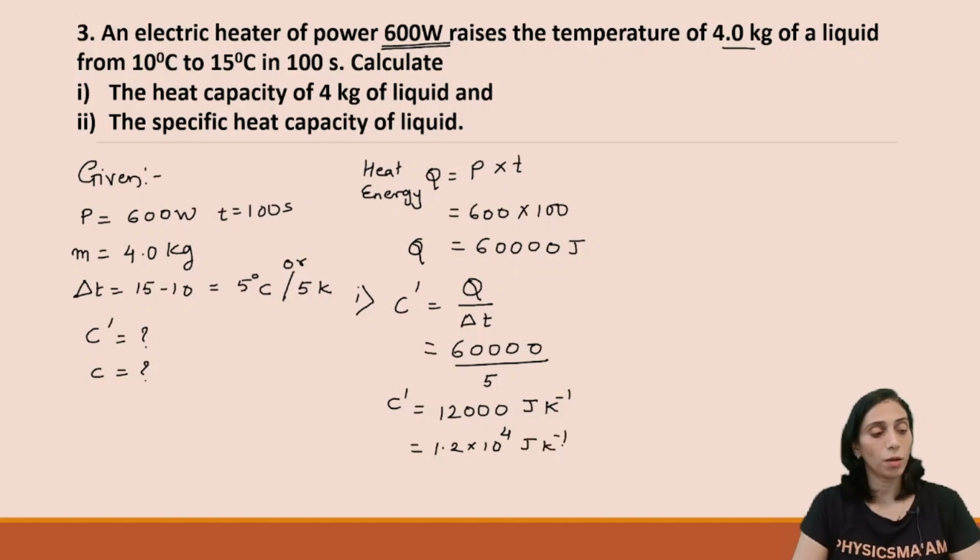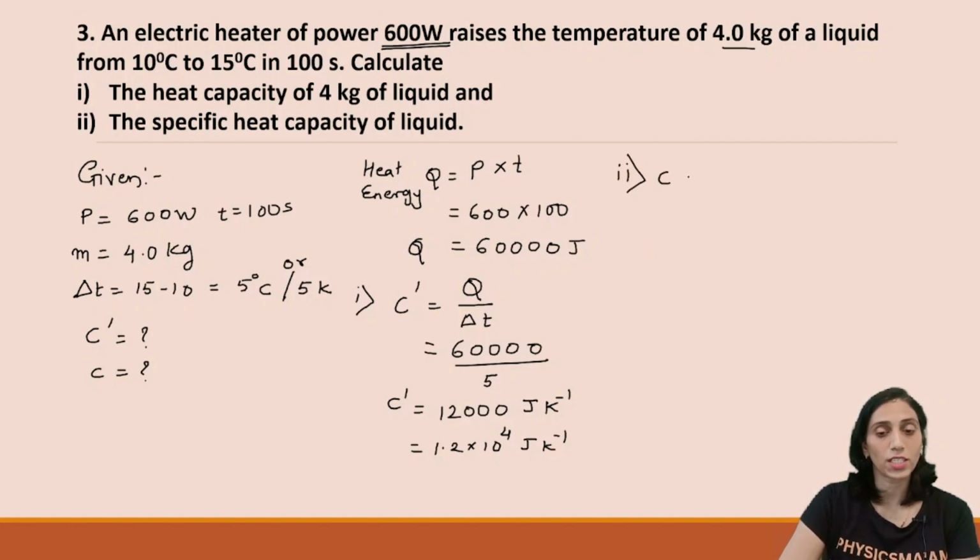ठीक है. अब C dash आ गया हमारे पास, M भी है तो हम C फाइंड आउट कर सकते हैं. Which formula? Yes. Okay. Second part of the question, specific heat capacity, smaller c is your heat capacity divided by mass. Can I use that also?